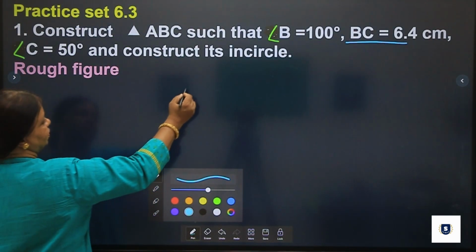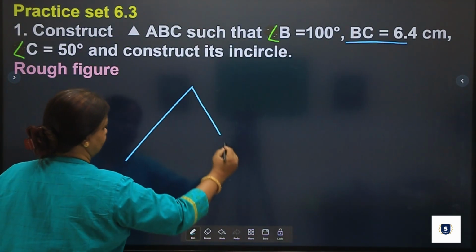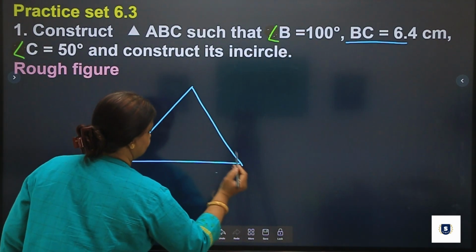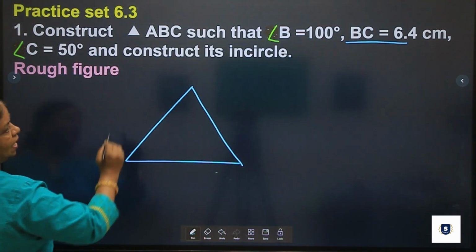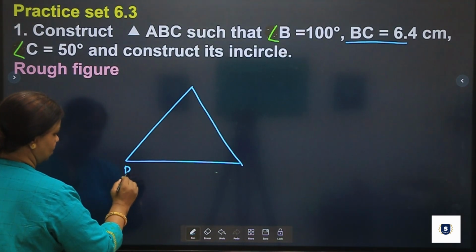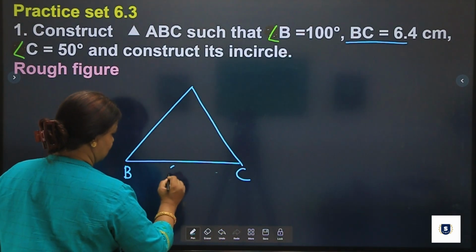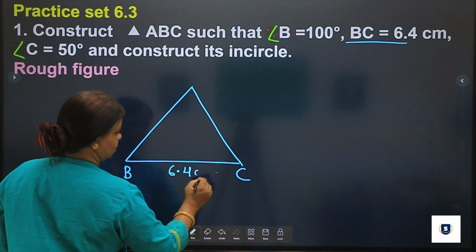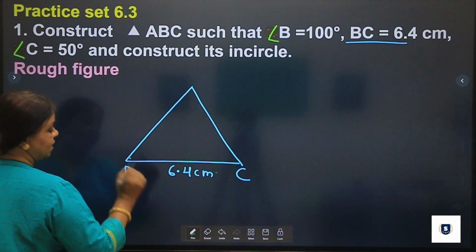So, triangle ABC, angle B is 100 degree and BC is 6.4. Angle B is 100.